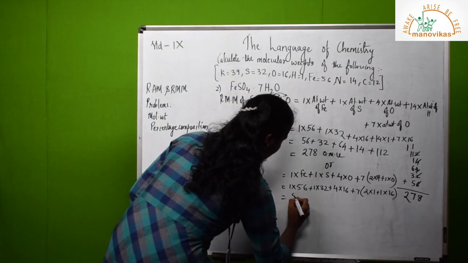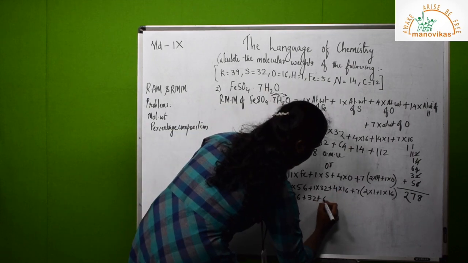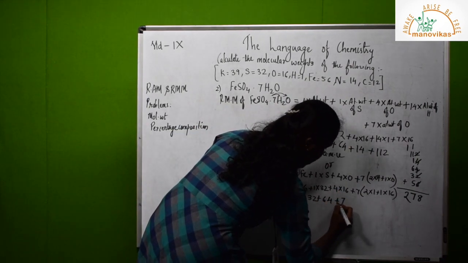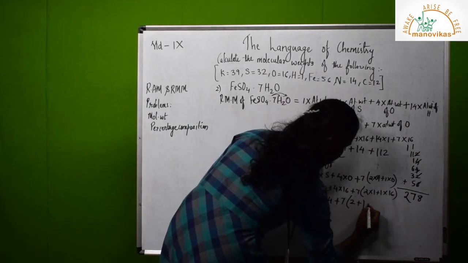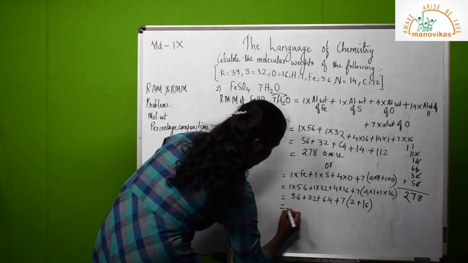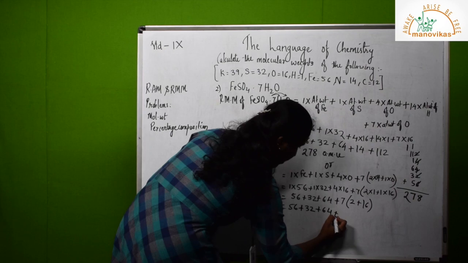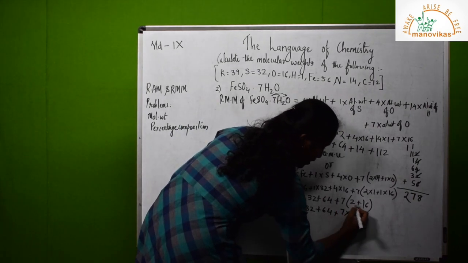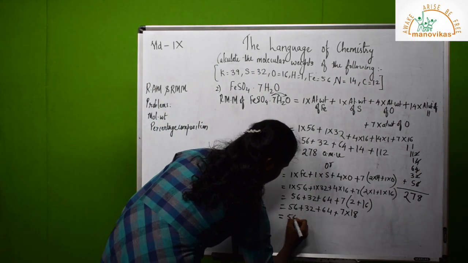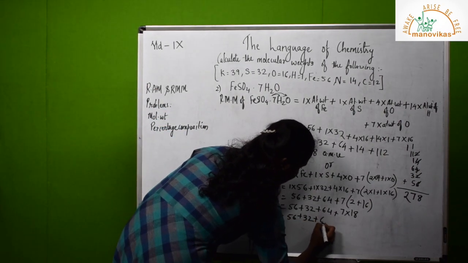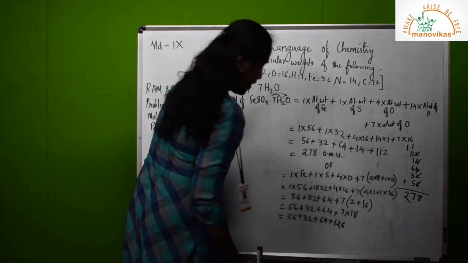Okay, so it will be 56 plus 32 plus 16 fours are 64 plus 7. To the addition, 2 ones are 2 plus 16 ones are 16, which is coming to as 56 plus 32 plus 64 plus 7 times 2 plus 16 is 18. So 56 plus 32 plus 64 plus 18 sevens are 126.